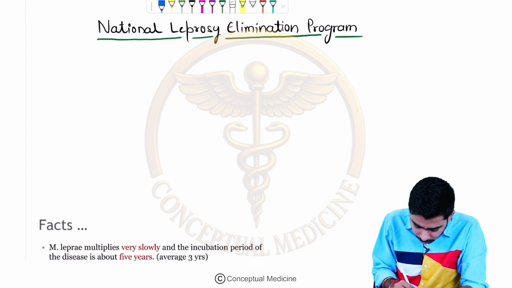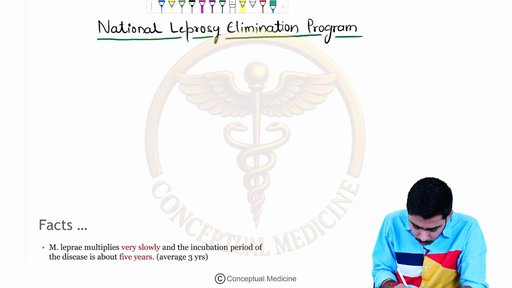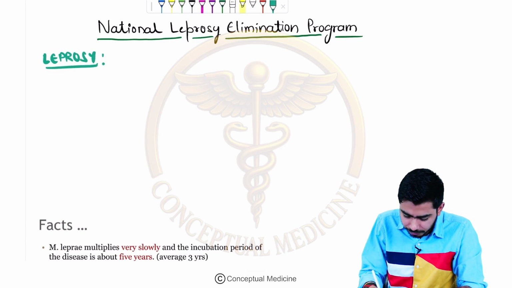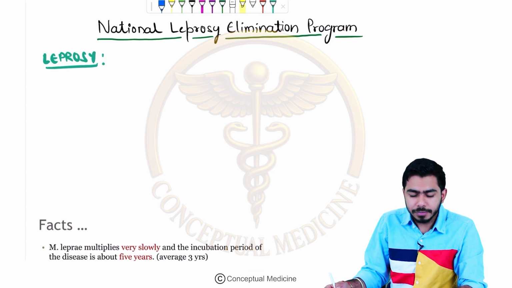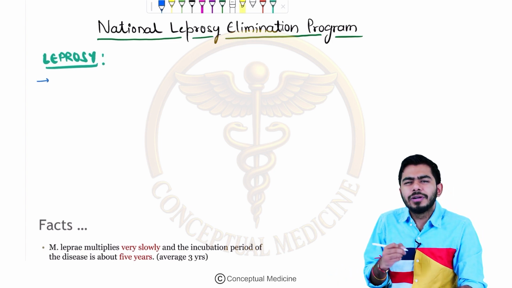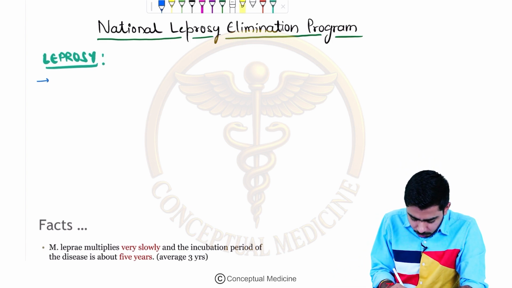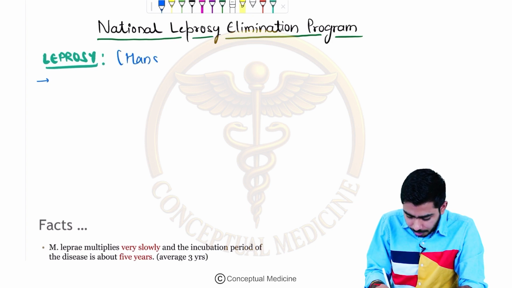Okay guys, for the National Leprosy Elimination Program, firstly we need to talk about what leprosy is in itself, right? Basically it is one of the oldest diseases, guys, and it is also called Hansen's disease.